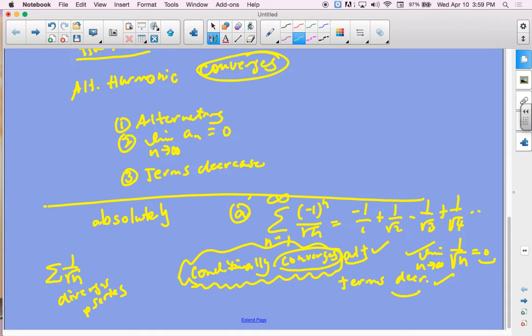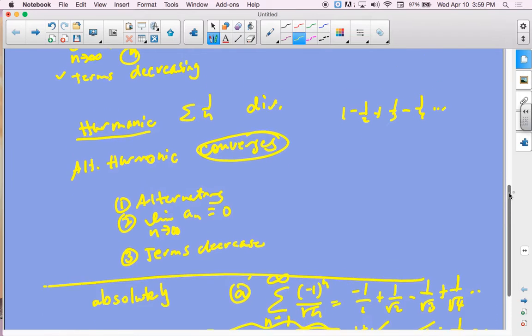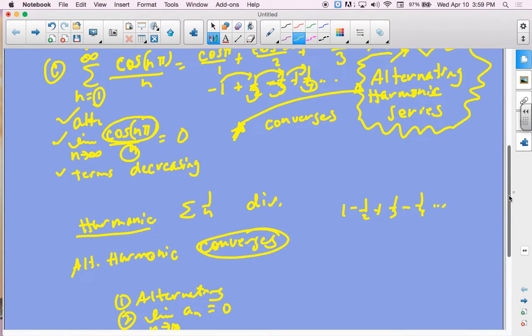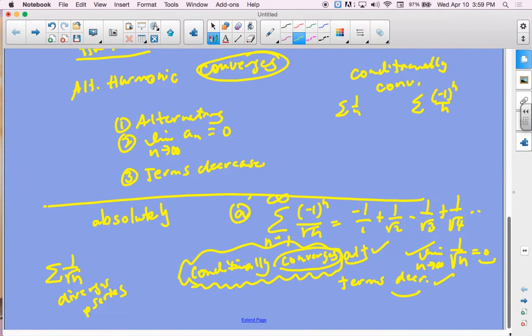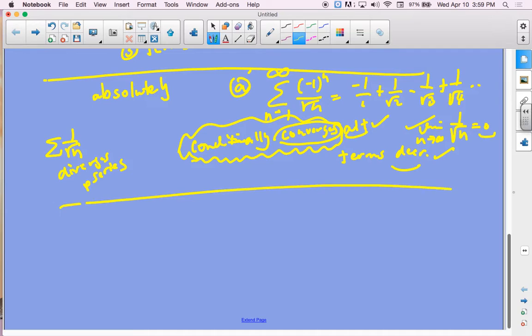So that's conditionally convergent. In fact, the harmonic series is conditionally convergent. Because the series 1 over n diverges, whereas if it's alternating, then it's going to converge. The alternating harmonic series converges conditionally, which most years is not even on the AP exam.